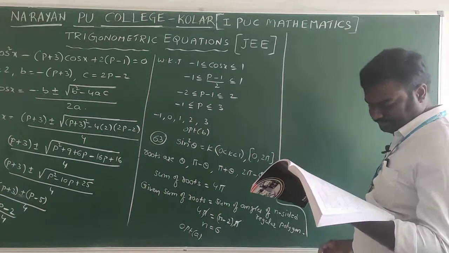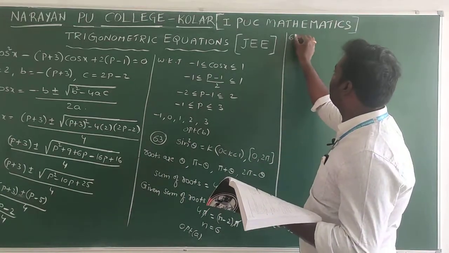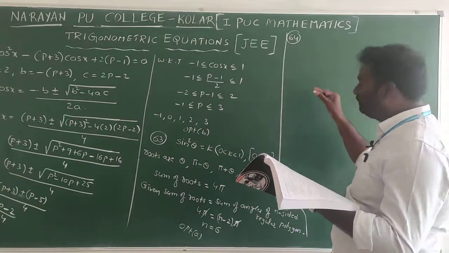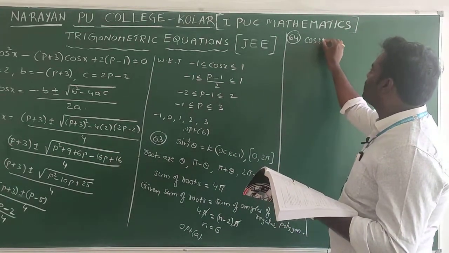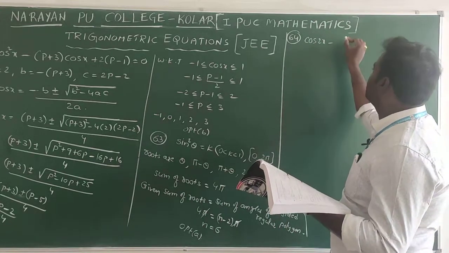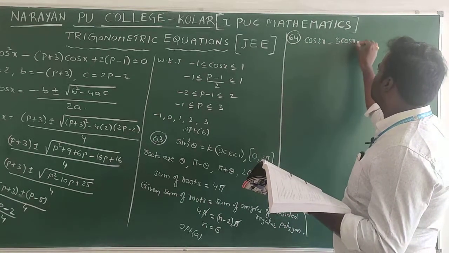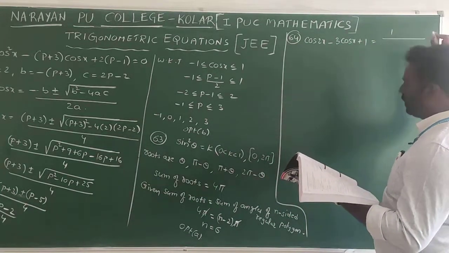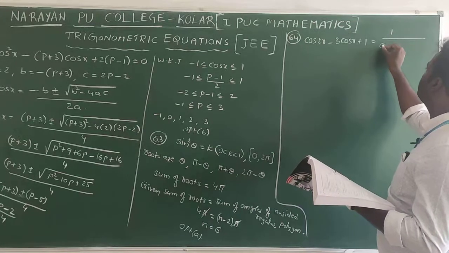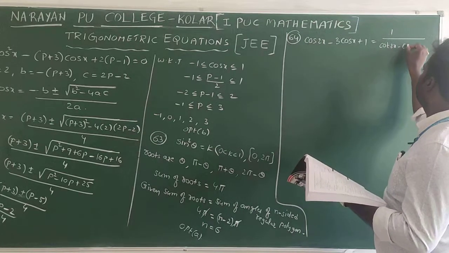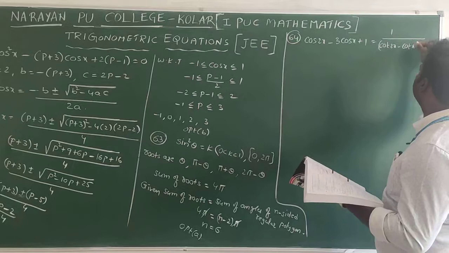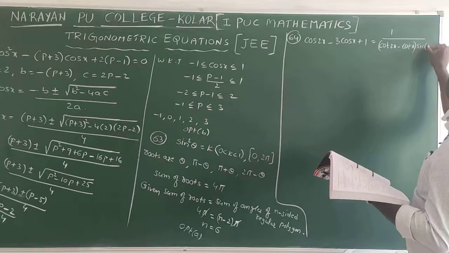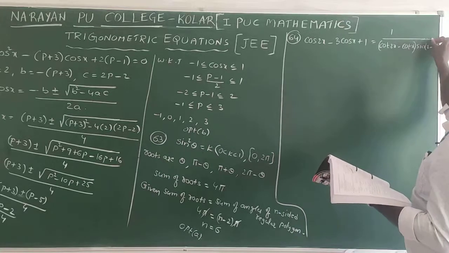Question 64. The number of solutions of the equation cos 2x minus 3 cos x plus 1 is equal to 1 by (cot 2x minus cot x) into sin(x minus pi).